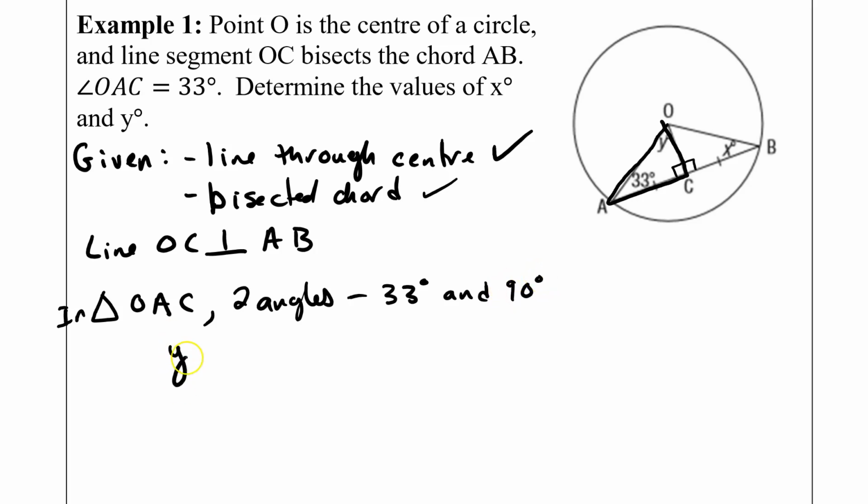So to find Y, we're going to go 180, because we know there are 180 degrees in a triangle, minus 33 minus 90. So we're going to say that Y is 57 degrees.